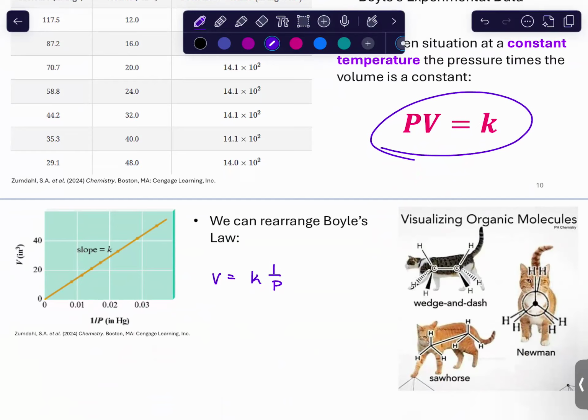What you need is the slope of that line, because you see how your K times P would be mx plus b, if your b is your y-intercept, if it crosses the y-axis at 0. You see that? So your K is your slope.